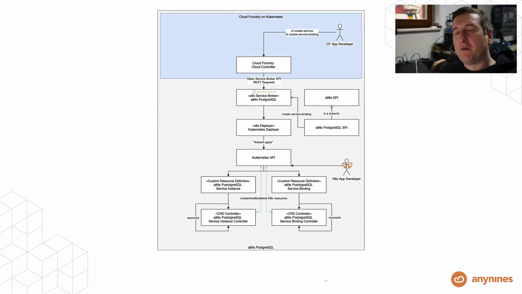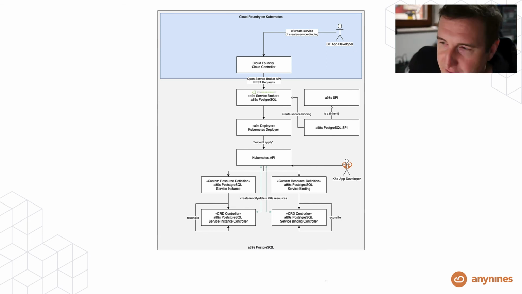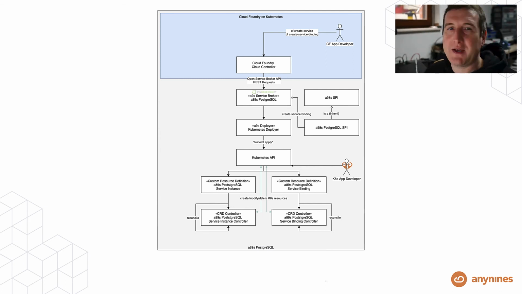Now, we should also mention that if you want to keep that service broker implementation simple, you should maybe restrict the Kubernetes application developer from modifying a service instance that is owned by a Cloud Foundry application developer. Because the cloud controller stores metadata and the service broker possibly stores metadata, it could lead to inconsistencies if a Kubernetes application developer were to modify that service instance.